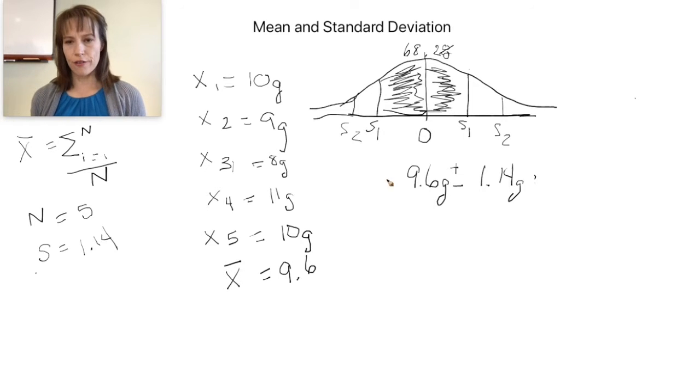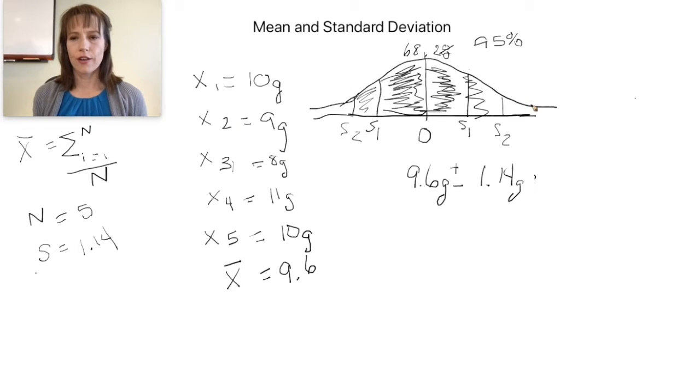Now, if we look out farther to 2 standard deviations, 95% of our data points will fall within 2 standard deviations. So you see, the basket that we're capturing data points in is just getting larger and larger as we go out from the standard deviation. Now, within 3 standard deviations, almost all of the values will fall, because then at 3 we get to 99.7%.